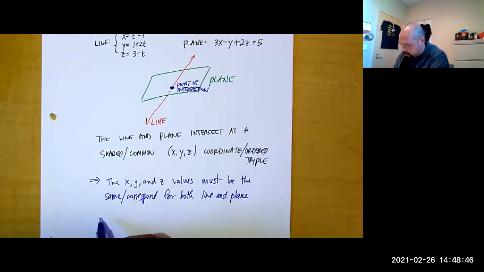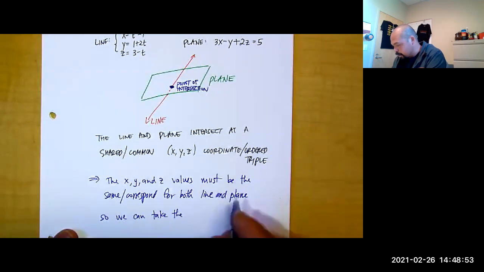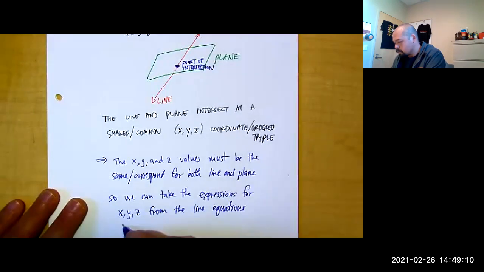So that means we can take the expressions for x, y, and z from the line equations, those parametric forms, and substitute in to the plane equation, right?